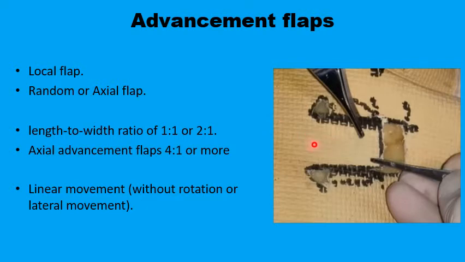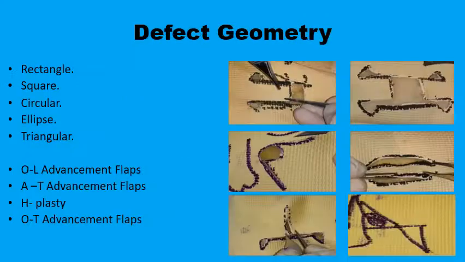The movement of the flap after mobilization to fill up the gap is linear, with no twisting or lateral turning. Advancement flaps are versatile in that they can be used to close up defects of various geometrical shapes. They can be used to fill up defects of the shape of a rectangle, a square, a circle, an elliptical shape, or even triangular defects.